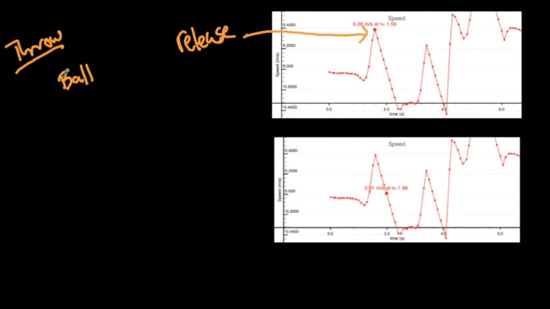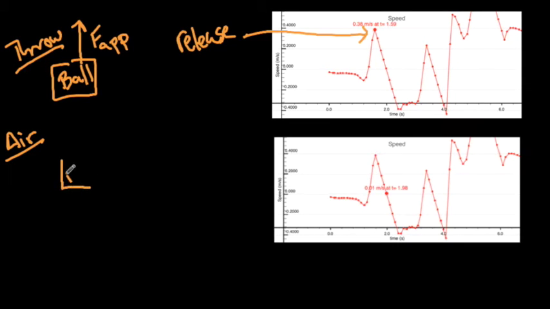So here, the net force during the throw is applied force from the hand, pushing the ball in the direction of movement, speeding the ball up. Right at this moment, as soon as the ball is released, the ball is now immediately in the air. And as soon as the ball is in the air, there is no longer any applied force from the throw, and all of the net force comes from gravity.